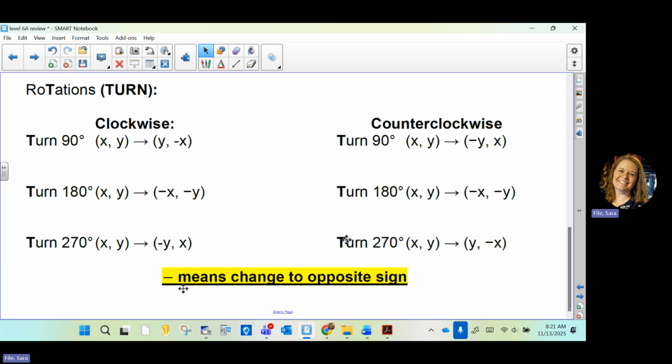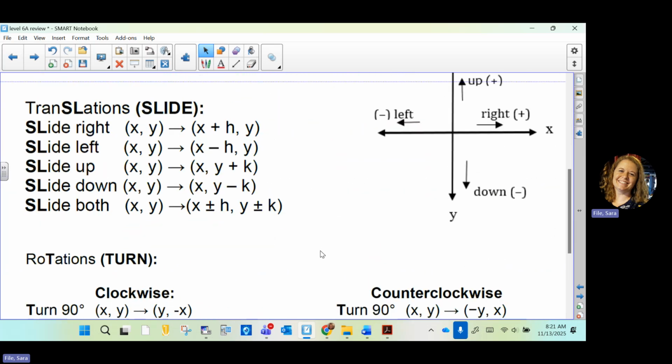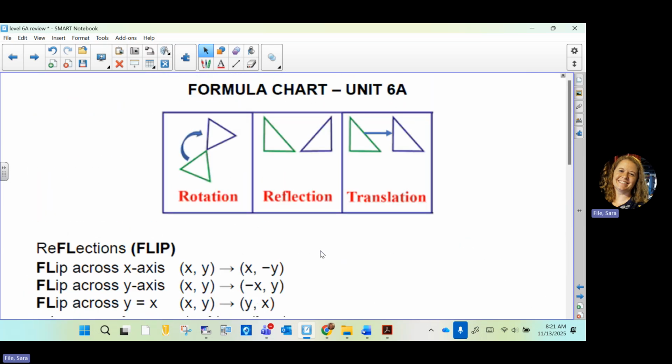If it started out positive, make it negative. If it started out negative, make it positive. This will be given to you built into the AWARE test, and we'll give you a hard copy on paper. You'll have this on one side and can do your scratch work on the other side.